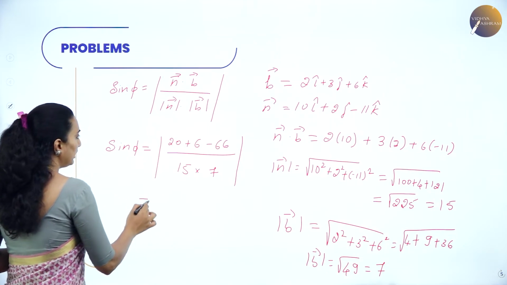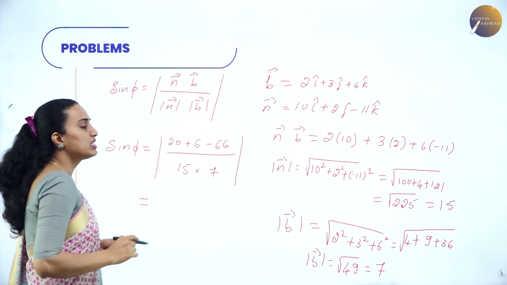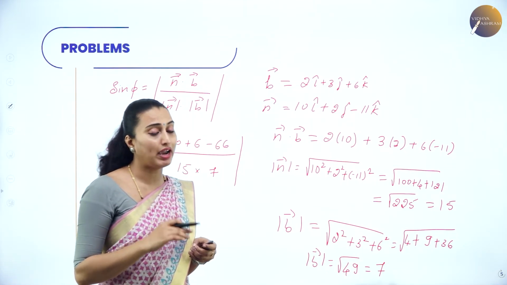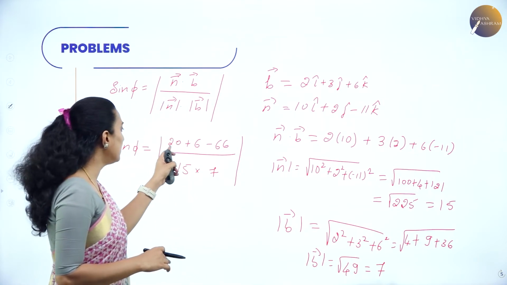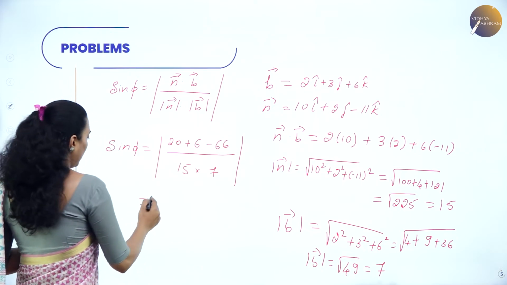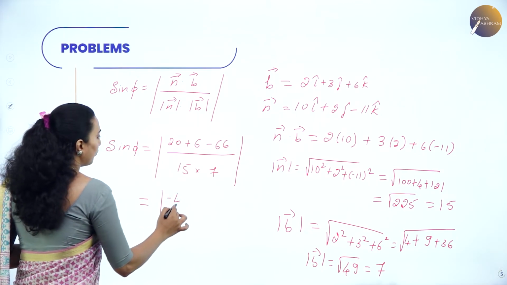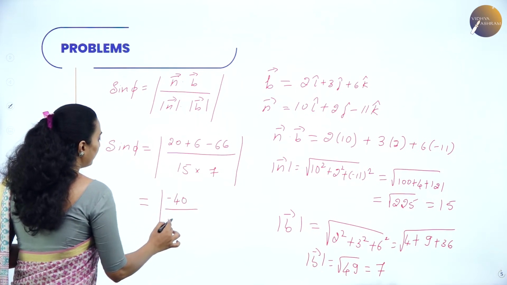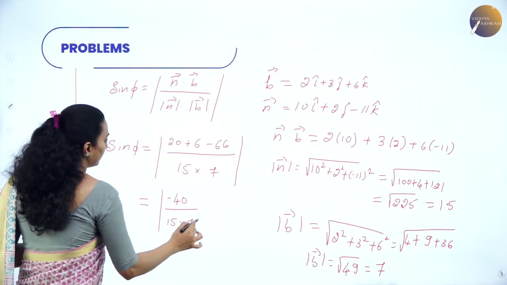Now, evaluating this, you know already 6 minus 66 is minus 60. So, 20 minus 60 is nothing but minus 40. So, you can have the magnitude of minus 40 divided by 15 into 7.